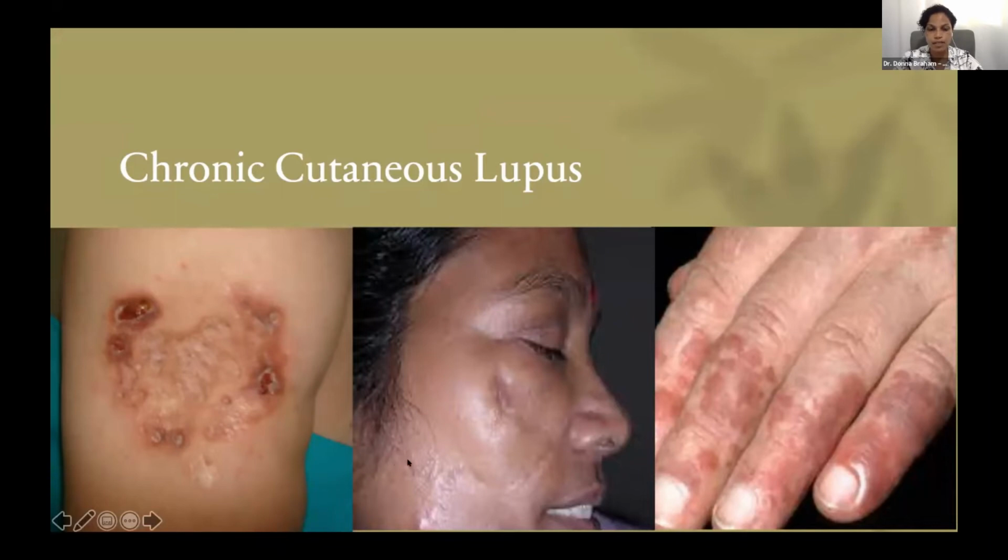See this erythematous papule or nodule right here on the cheek, which can commonly occur especially on the anterior chest and sun-exposed areas: that is lupus tumidus. And then there is chilblain lupus, which can occur on the fingertips whenever the patient is cold. You get these very dusky, erythematous, purplish macules.